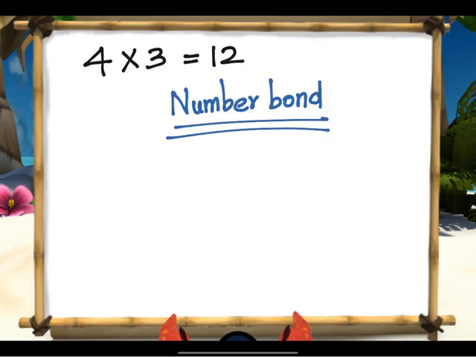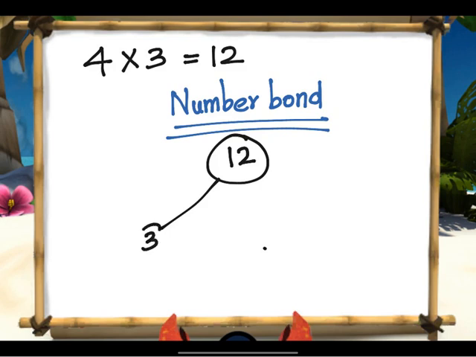The number bond for this multiplication equation, 4 times 3 equals 12, will be the total goes on the top or the whole. So this is called the whole or the total, right? So the whole goes on the top and the parts or the groups.